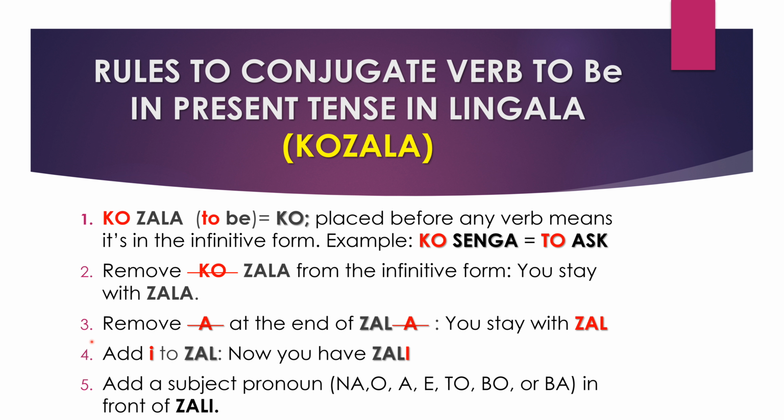Fourth, add i to zal. Now you have zali. And last, add a subject pronoun na, o, a, e, to, bo, or ba in front of zali.